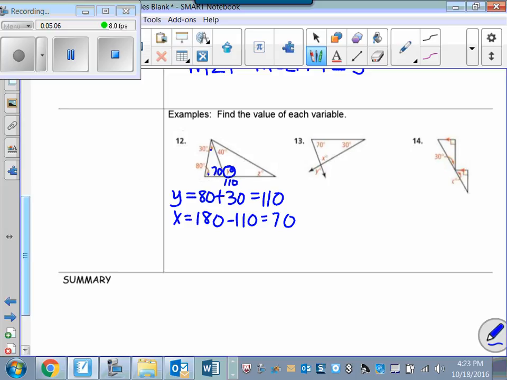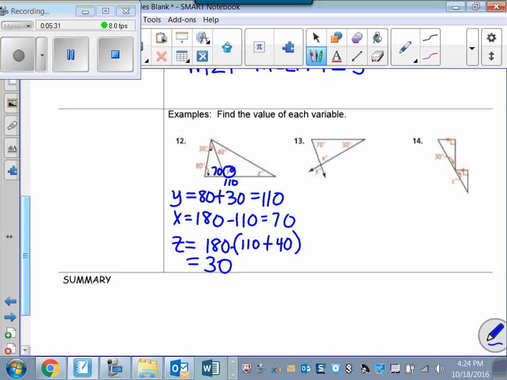All right, and then for z, well, I have the other two measures of the angles. So what I have, z is 180 minus (110 plus 40). So that's 180 minus 150. So that tells me that z is 30.